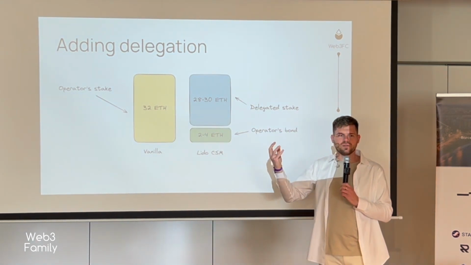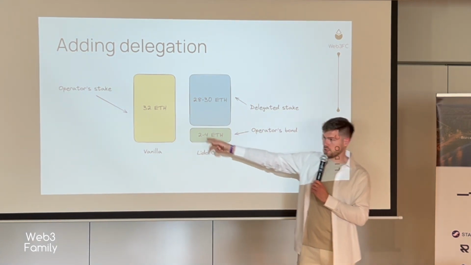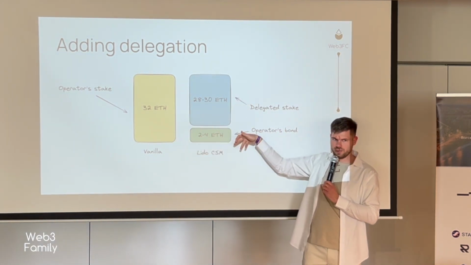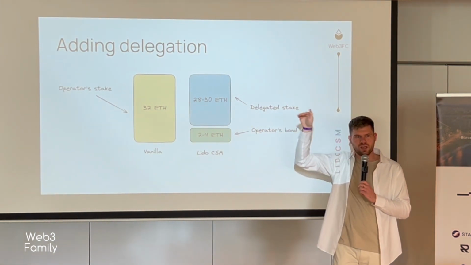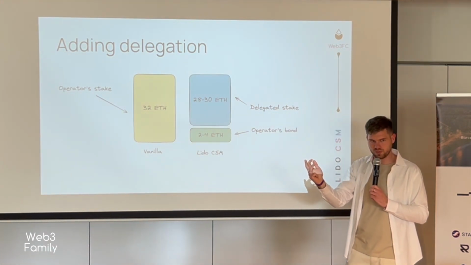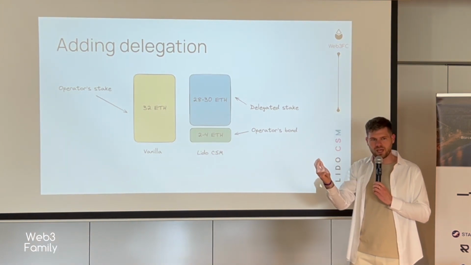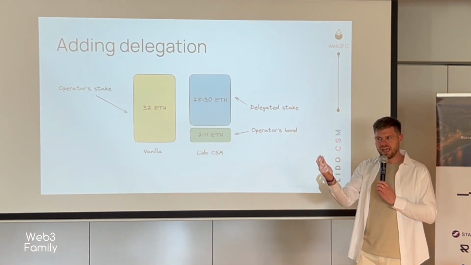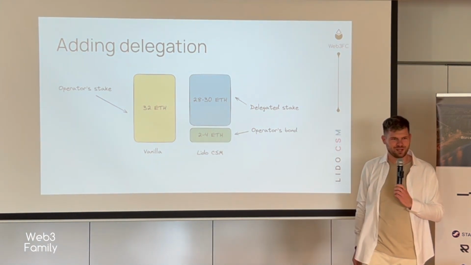So it allows you a variety of options. And even if you go this way, taking 32 ETH and splitting it, this is staked, this is collateral, even in this case, your APR will be higher. You will be able to run a validator and contribute to decentralization, which is super important. You will have all these benefits of liquidity, and on top, your APR will be higher. So it's a triple win situation, I would say.